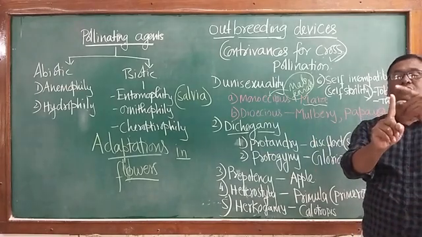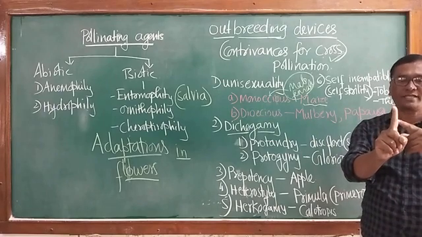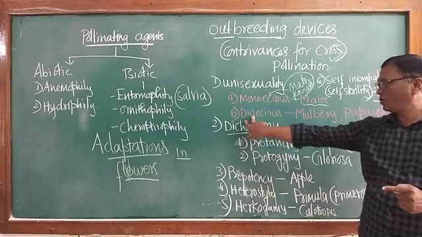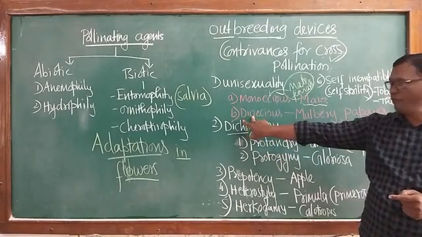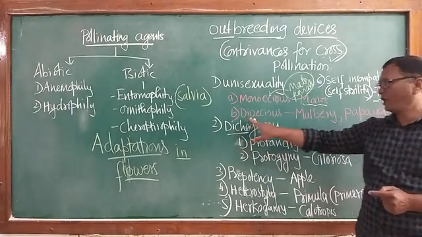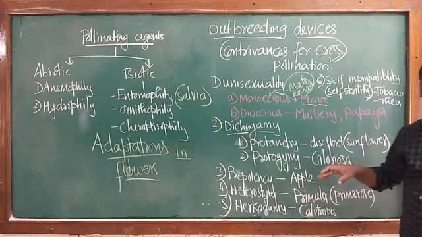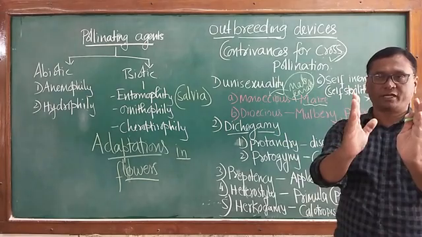One plant, staminate flowers and pistillate flowers separate. Here, plant two. Male plant consisting of male flowers separate, female plant consisting of female flowers separate. Examples, mulberry, papaya. Male plant and female plant are separate.